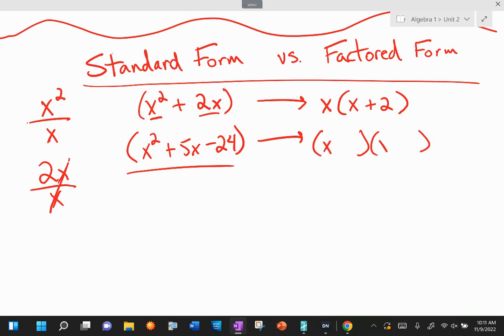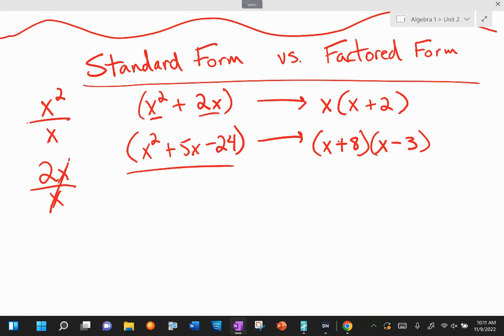You'd have your x's split, and you'd have plus 8 and minus 3. So next week you'll learn how to do this, the second one, through a handful of different methods, and this is where you learn really the cornerstone of methods that you need for algebra.